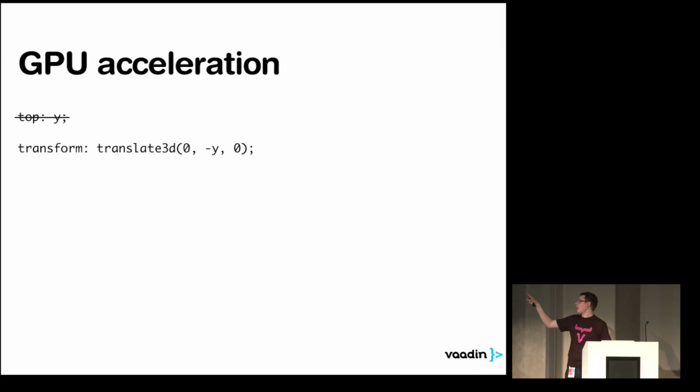So when that Y changes, the browser doesn't do anything else than say to the GPU, this bitmap that you already have in your memory, could you put it at these coordinates instead of wherever it was before? And in that way, on modern platforms, this is really hardware accelerated, so there's almost no CPU usage at all, and the GPU is really optimized for doing this lots of times per second.